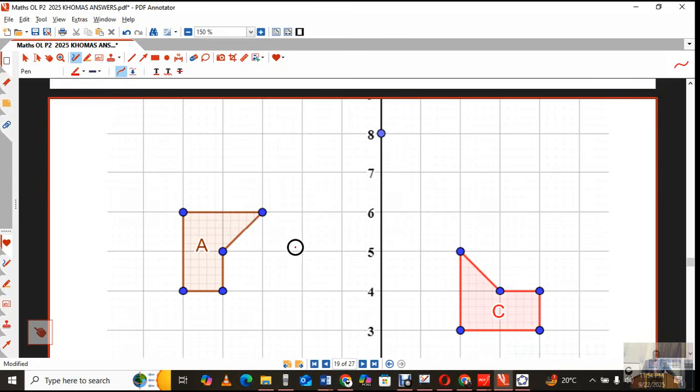Because if you were to turn this shape nicely about that point, you will see that it will be exactly where that is. So it goes in an anti-clockwise direction of 90 degrees, or clockwise of 270. So that's what happens there.